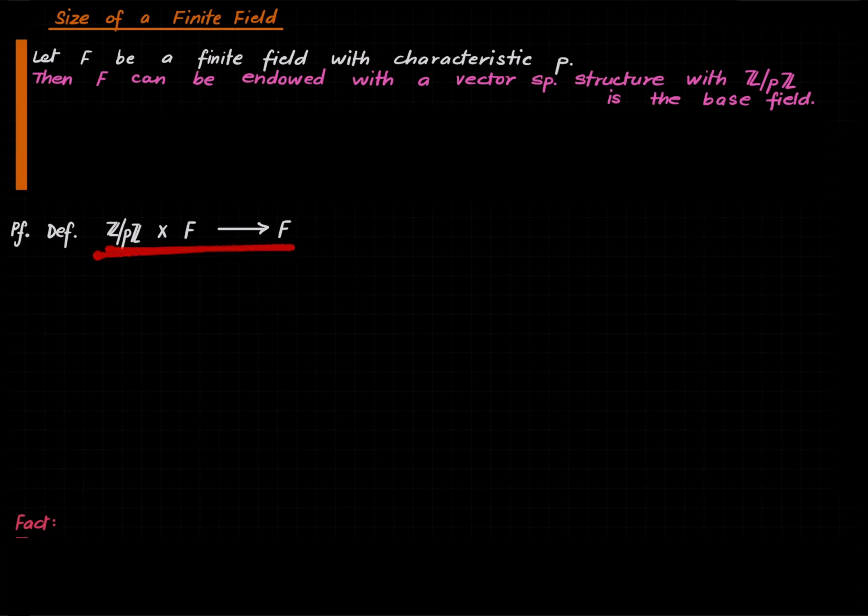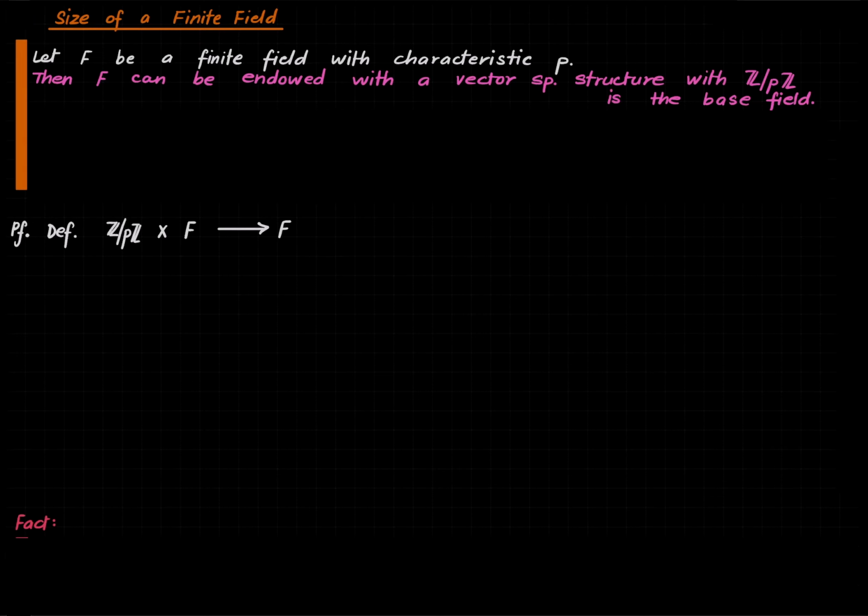Okay. So what is this map? This map is very simple. This map is just take a bar. So a bar is a plus pZ. A bar is just a shorthand for a plus pZ. So a bar comma x, or maybe I will not write it this way. I will write in a different way.